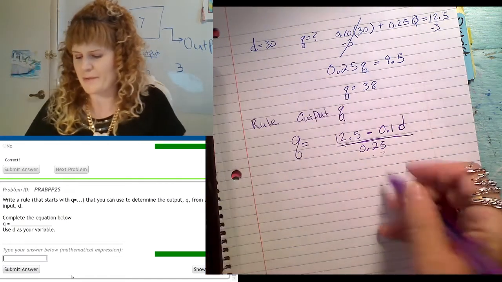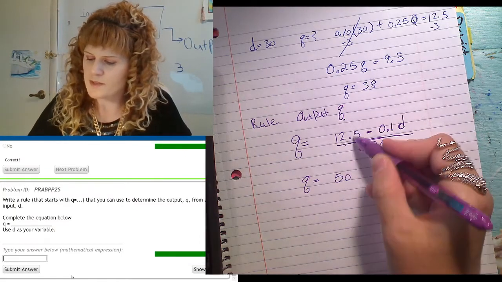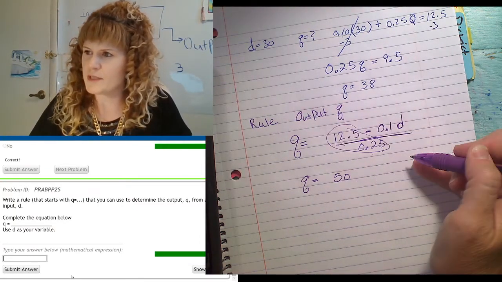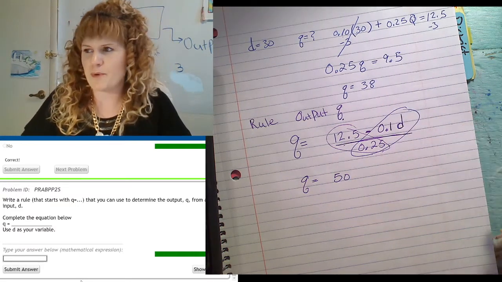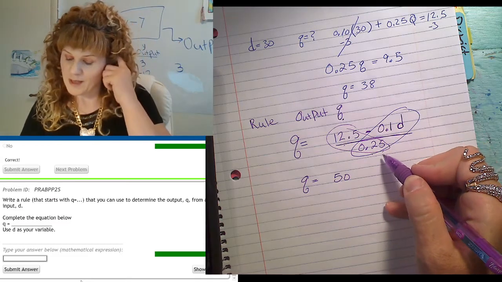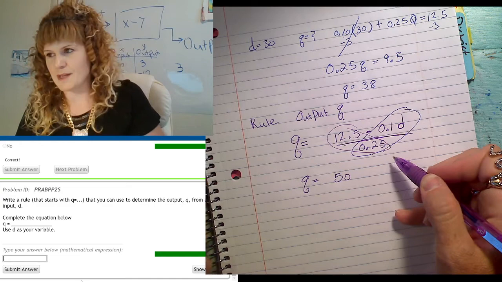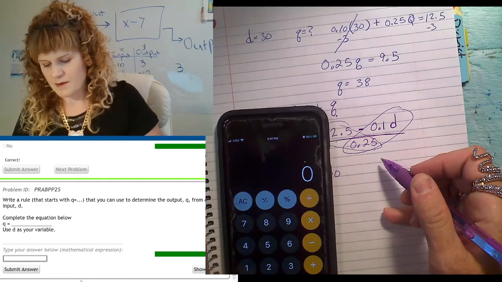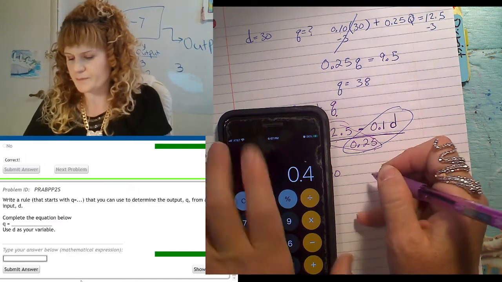Yeah, 50. I knew that. Quarters equals 50. But I still have to divide the other term by 0.25 too. So 0.1 divided by 0.25. I'm not that good at decimals. I'm definitely using a calculator. 0.1 divided by 0.25 is 0.4.